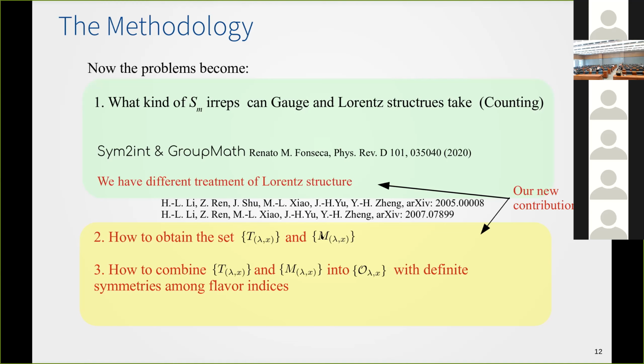These T and M correspond to the symmetrized gauge and Lorentz factor, and we have a way to combine them into the P-basis operator that has the definite permutation symmetry among the flavor indices. So in the following, I will go through how to derive this.